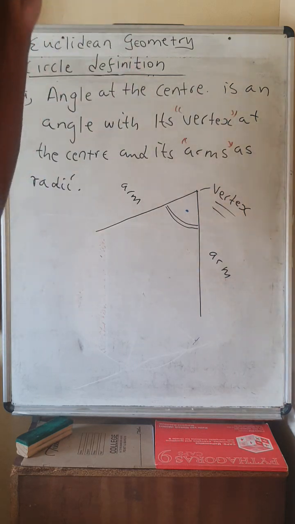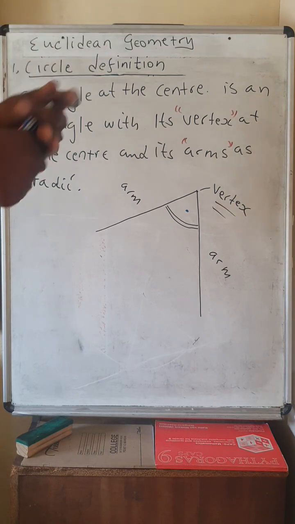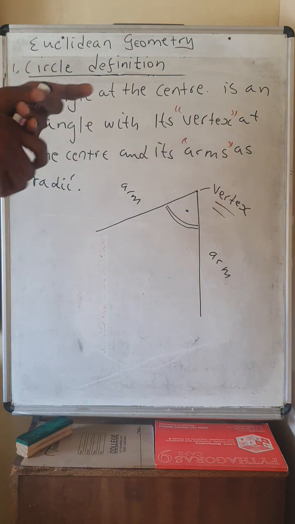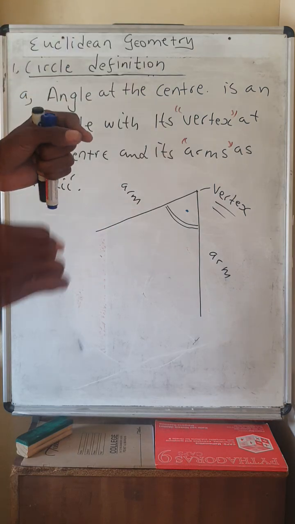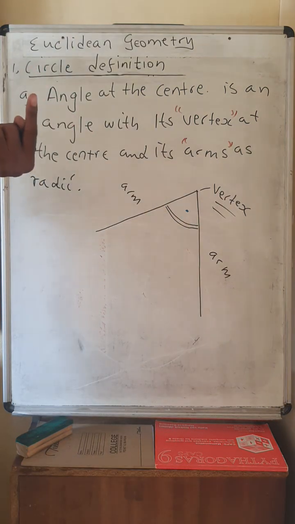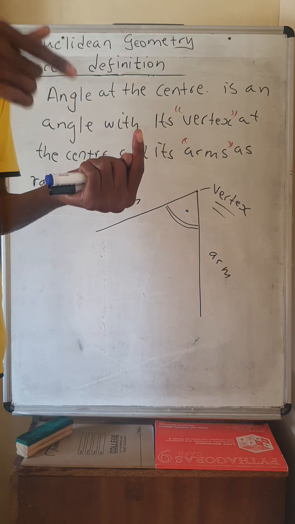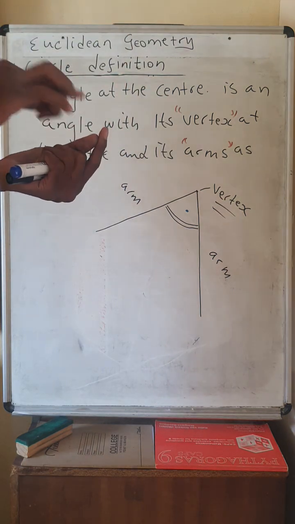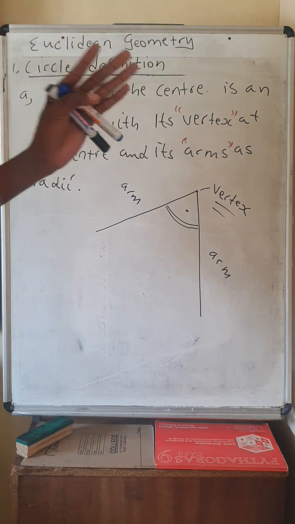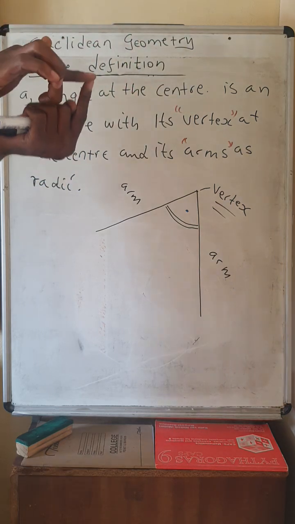Here's the thing. Can I say this angle that we're having now is an angle at the center? No, it does not satisfy what? The definition. The definition says an angle at the center is an angle with its vertex at the center. So the first thing that I need to do is ensure that the vertex of that particular angle is at the center. So I must start off with the vertex.